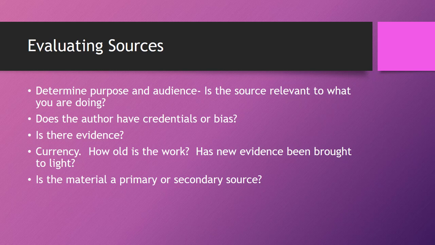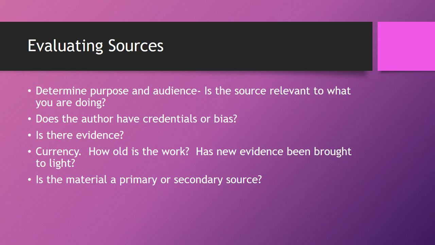We talked already about evaluating sources, but it's important enough to discuss again. You want to determine the purpose and audience of the writer who created the source. Is the source relevant to what you're doing? Does the author have credentials or bias? Is there actual evidence rather than opinion? You also want to discuss currency. How old is the work?